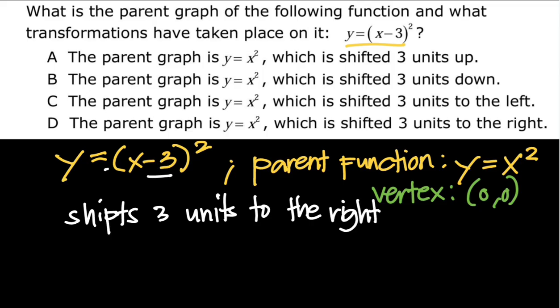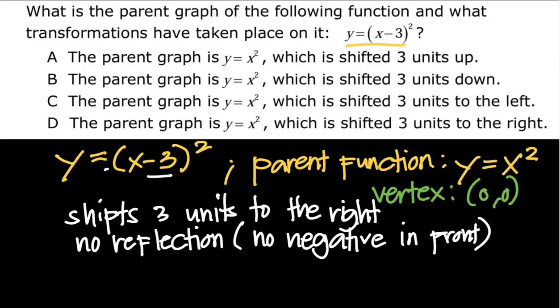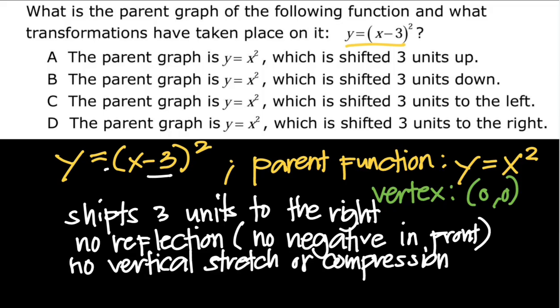There is no negative sign here, so there is no reflection, since there is no negative in front of the function. There is no vertical stretch or compression, since the coefficient here is 1, and there is no vertical shift, since there is no added constant outside.